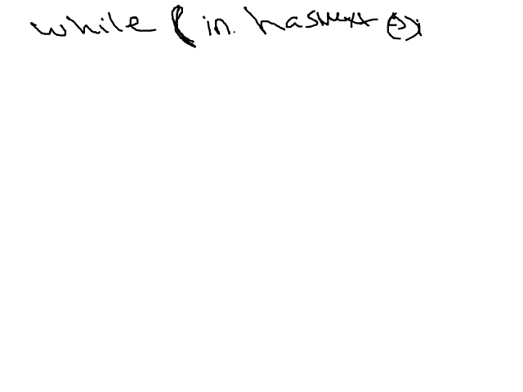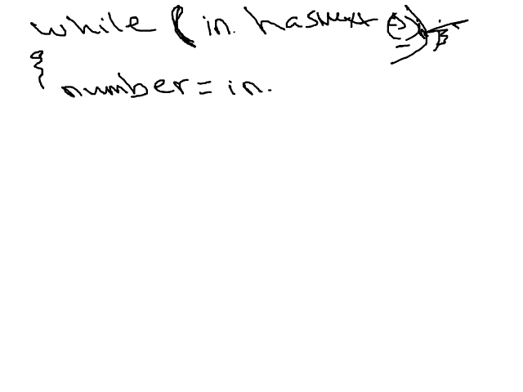So we can say in, for the user input, hasNext. This is the bracket, and then the bigger bracket. Sorry, we don't even need the semicolon. So two brackets and a bracket. So we set our while condition, and then we're going to say number equals in.nextInt, which is the user input, next integer.